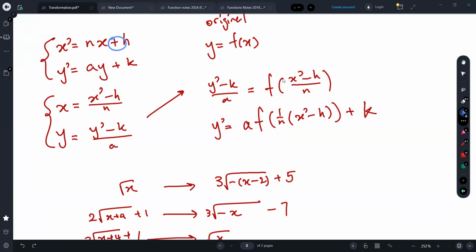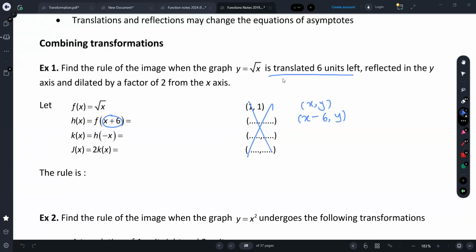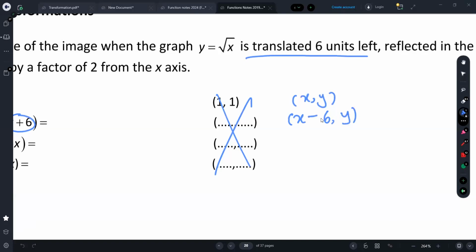But originally, you can see how it's a plus, right? Again, that's just a matter of remembering the formulas. It could get confusing sometimes, but the good thing about doing it by the coordinate is whatever you see is whatever you get. If they tell you to move 6 to the left, you just minus. If they tell you to go up, you add.